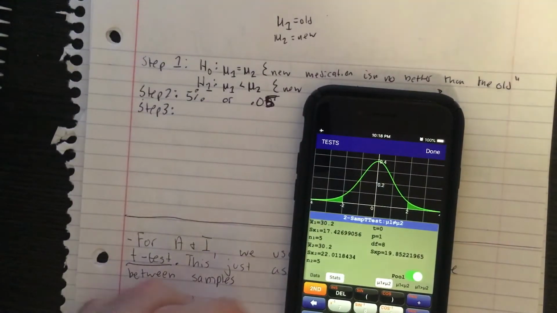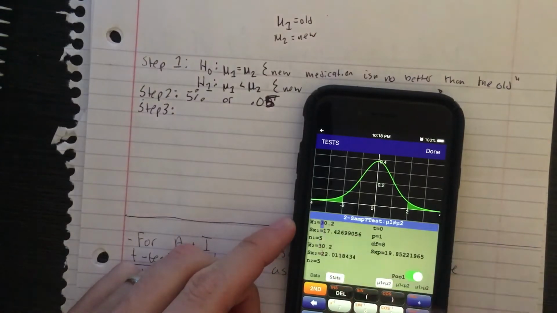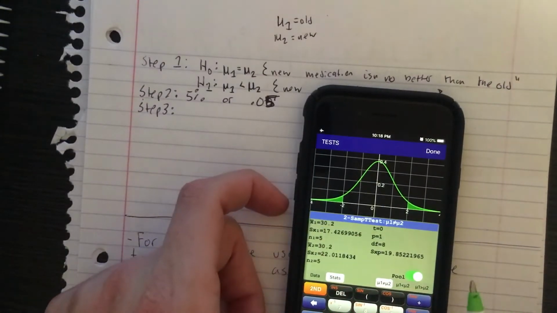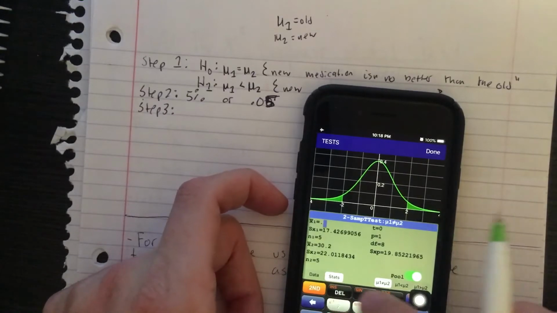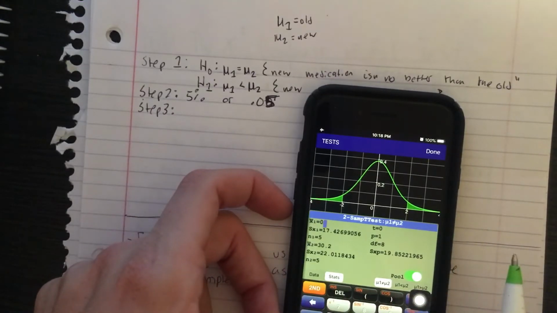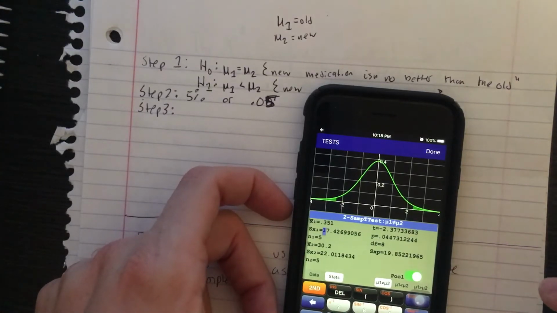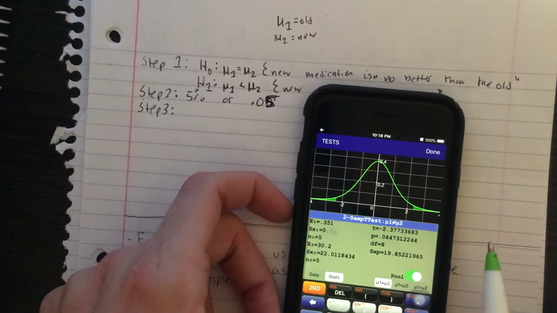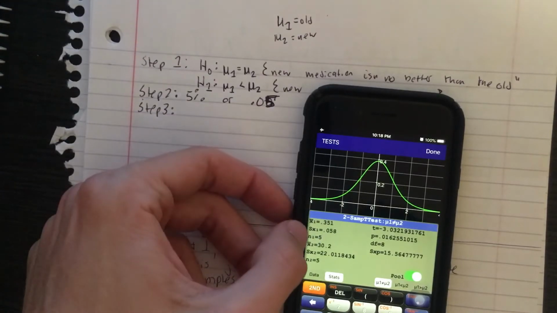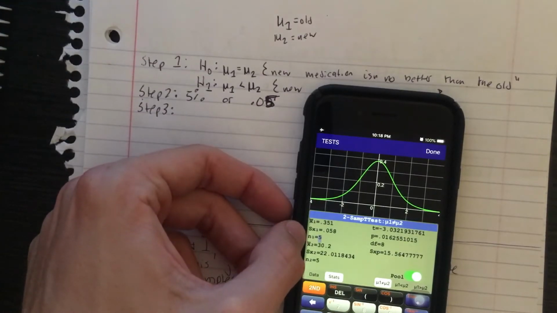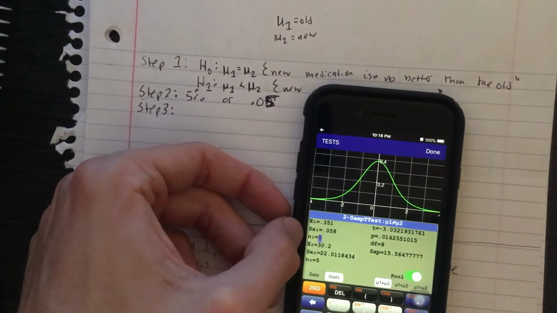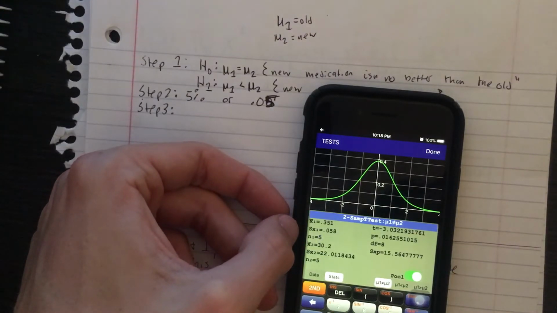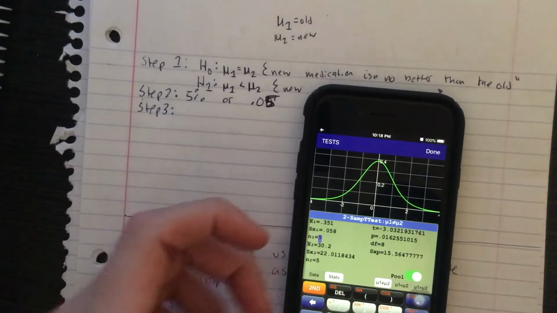And so the old medication here is what we're referring to as mean 1 there. So mean 1 was 0.351. The standard deviation for that was 0.058. And the sample size for that, the n right there, was 15 patients.